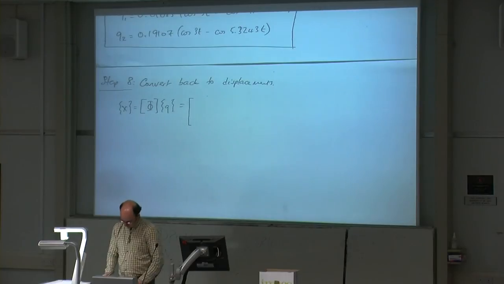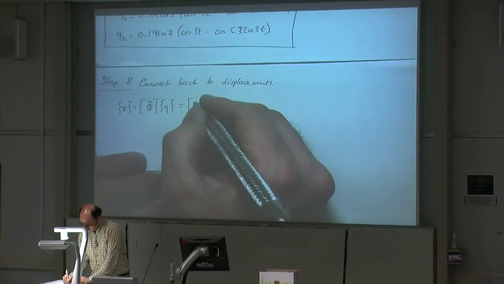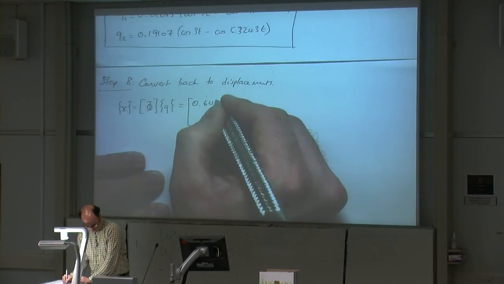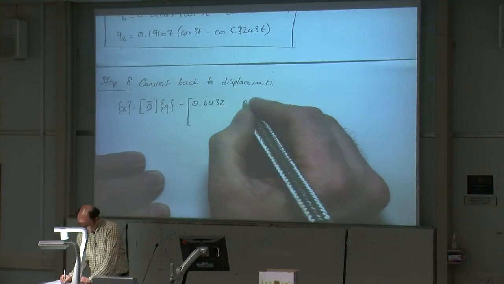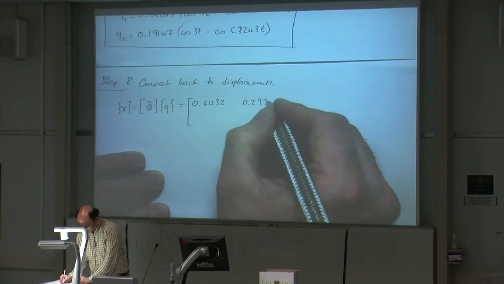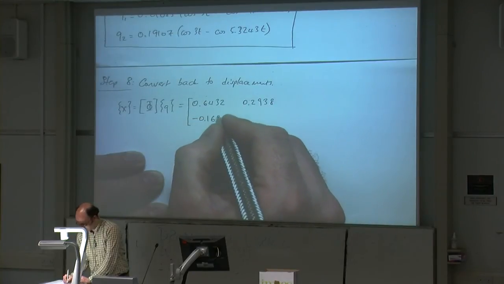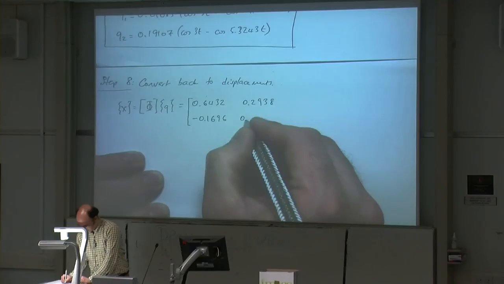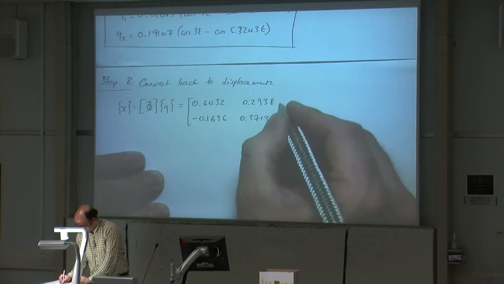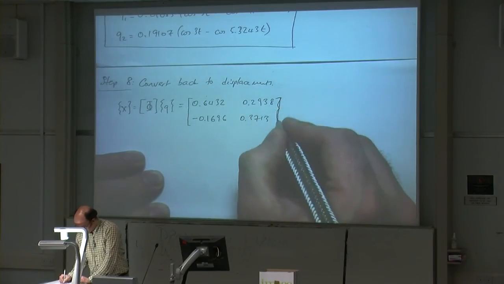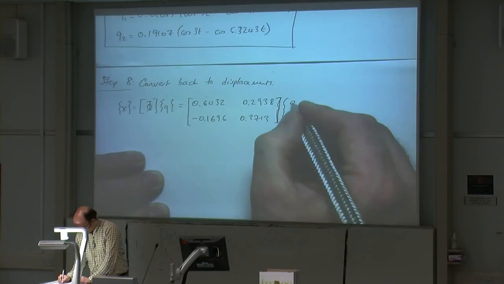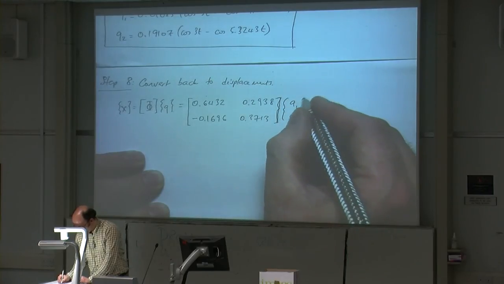We calculated phi earlier, 0.6432, 0.2938, minus 0.1696, and 0.3713, times q1, q2.